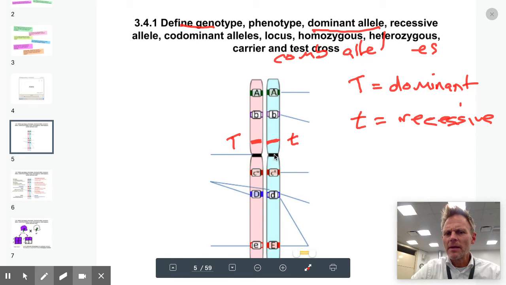So what does that mean? For example, there are three combinations you can have here, right? You can have what we wrote here. You can have a large T from your father, for example, and a small t from your mother. And because the T is dominant, the phenotype is how the gene is expressed.